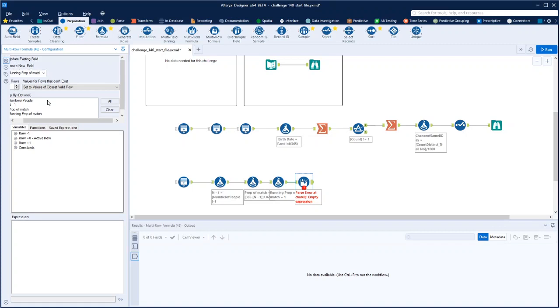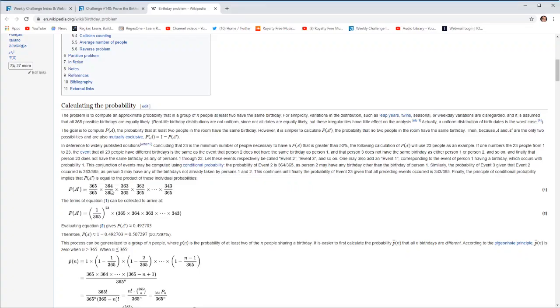And so we want to take it from the row above, and there isn't one on the first row. So if we take the running prob of match and we times it by the conditional, because if you look at this formula, it's that times that times that times, exactly.